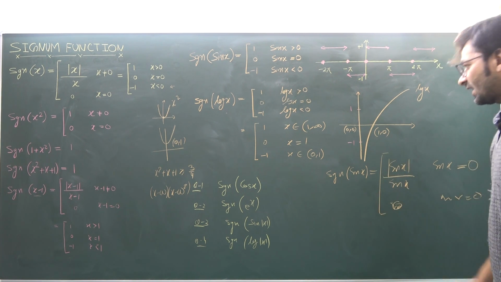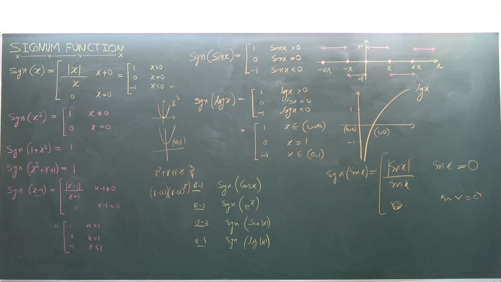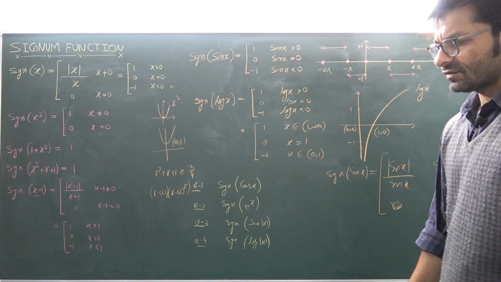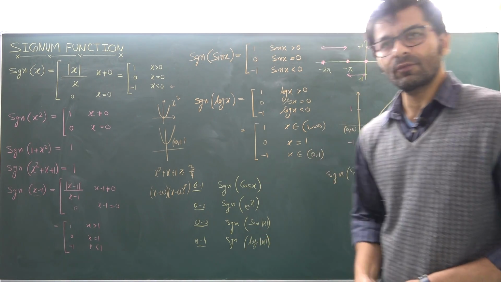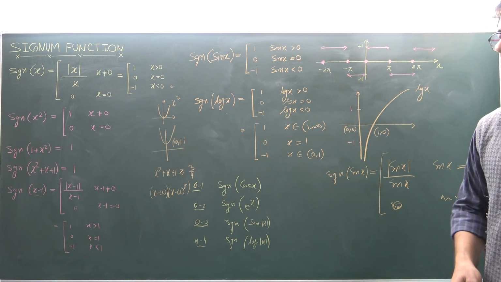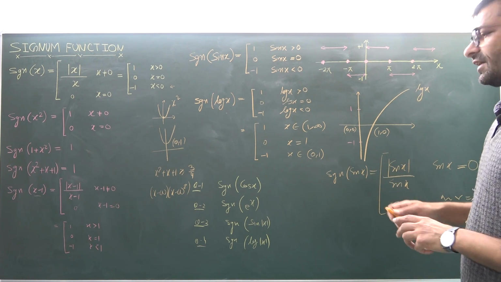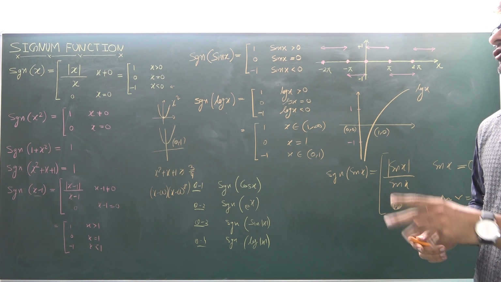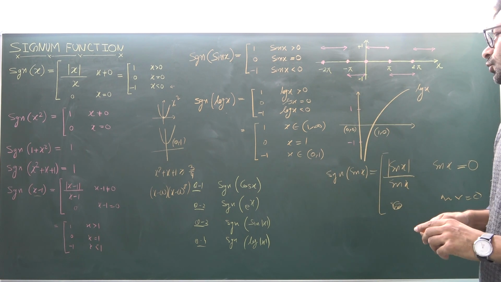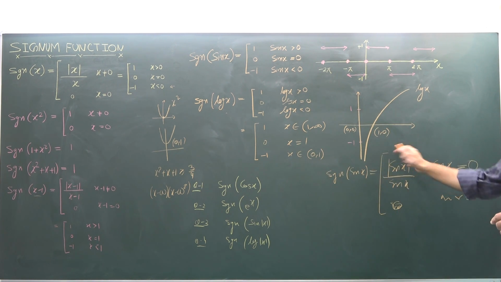Sin x is 0 at n pi, so n pi is very convenient to deal with. Now sin x could be positive or negative. Sin x is positive in the first quadrant, so the value is plus 1. Whenever sin x is negative, which means third and fourth quadrant, the value is minus 1.